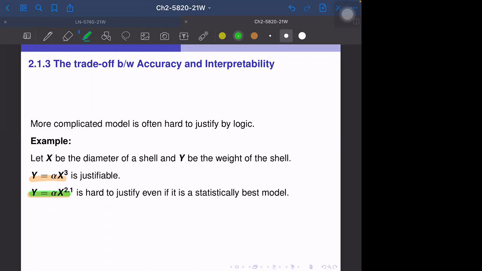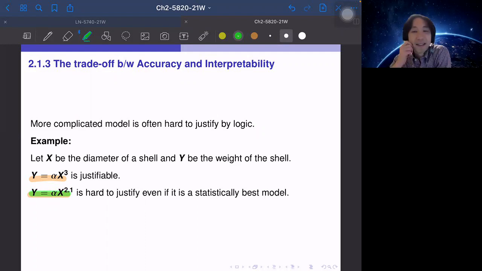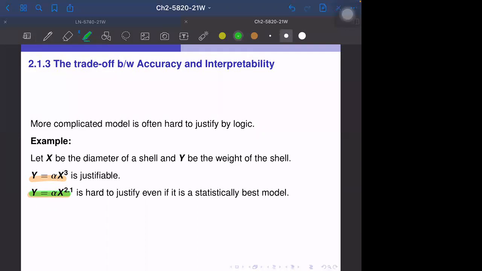I would say the model with x cubed is more interpretable because it fits with how the data actually feeds into what you're trying to explain. Whereas for the other model, what is x to the 2.1? It doesn't match up with the physical reality of what you're talking about, so it might be less clear to use as an explanation.